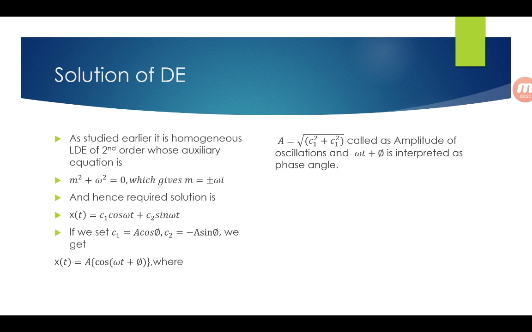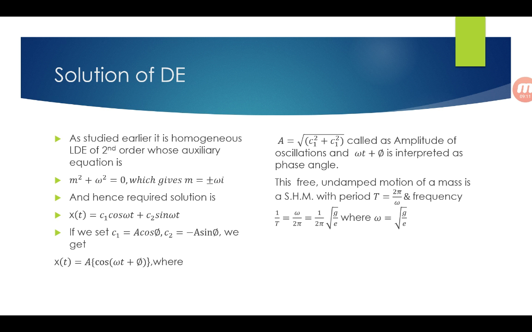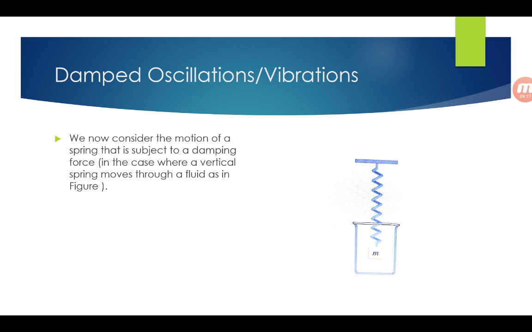Now what happens if, additional to the restoring force and force due to gravity, there is some more force acting on the system? This kind of mass spring system and its oscillations are known as damped oscillations or vibrations.